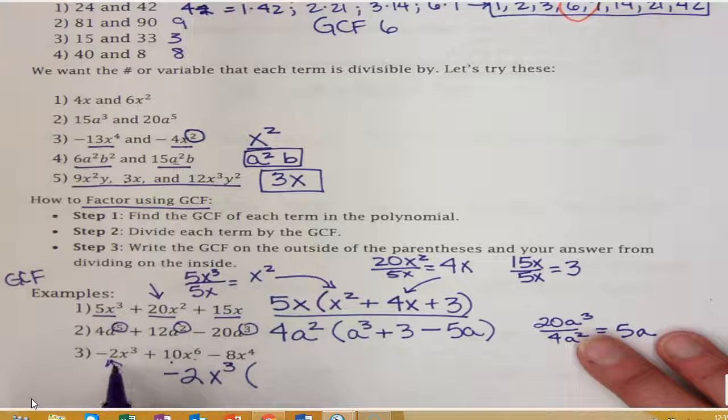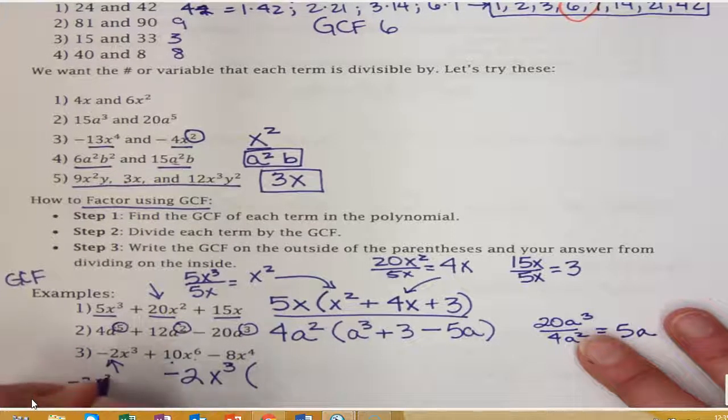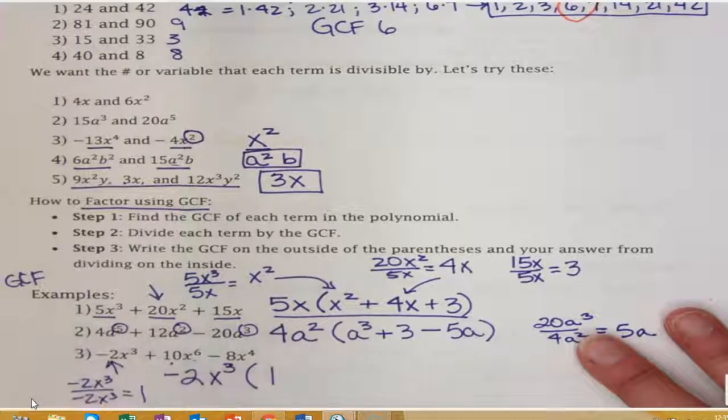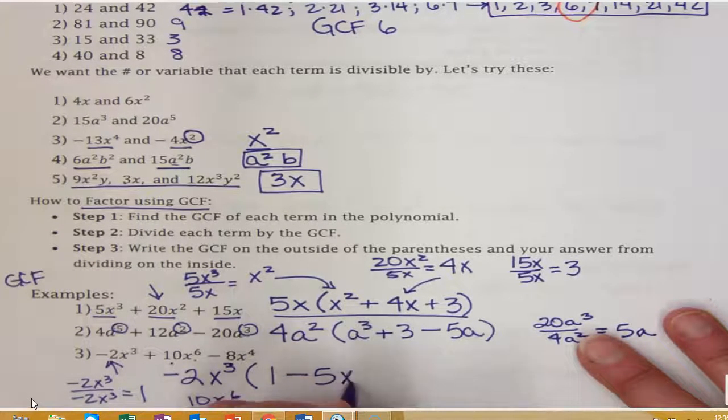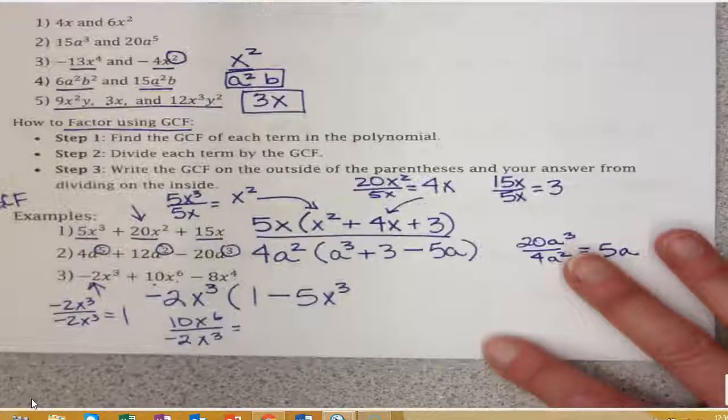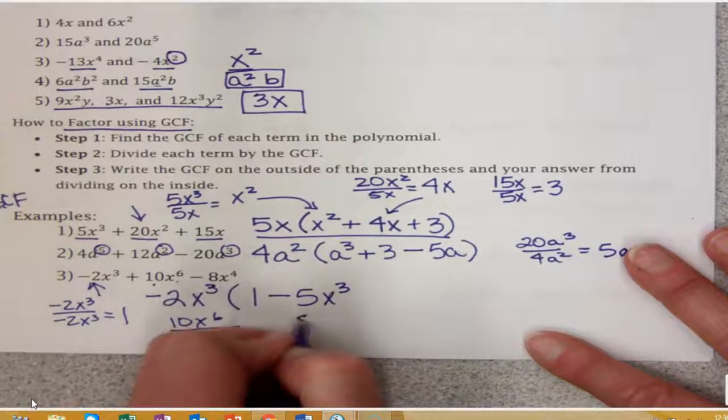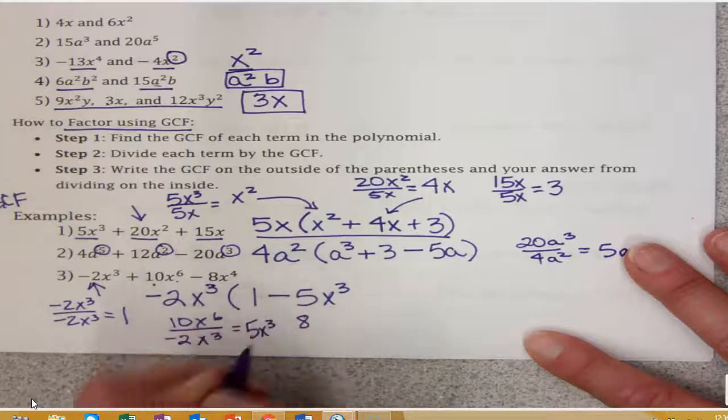So when I take out negative 2x to the 3rd power from negative 2x to the 3rd power, I'm left with 1. 10x to the 6th power divided by negative 2x to the 3rd power, I'd be left with negative 5. 6 minus 3 is x to the 3rd power. Oops, sorry guys. Then negative 5x to the 3rd.